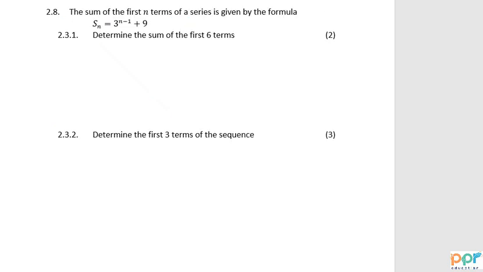Okay. If we continue, here the sum of the first n terms of a series is given by this formula. This is the sum of the n terms. Now, can you determine the sum of the first 6 terms? We are given the formula, so we just need to substitute. So, the sum to 6 terms is equal to 3 to the power 6 minus 1 plus 9.